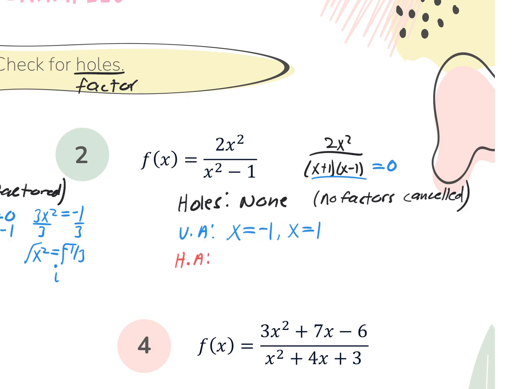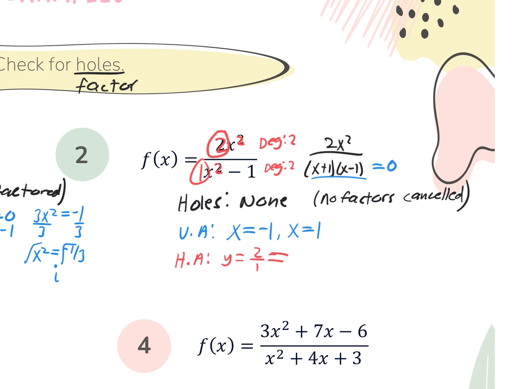And now let's do something similar for the horizontals. The horizontal asymptote, you're looking at the degree. The degree on top is 2, it's a 2x squared. The degree on the bottom is also a 2, it's an x squared. So this is the only other scenario where you're going to have to check the leading coefficients. On top, it's a 2. Over on the bottom, the leading coefficient is a 1. So 2 over 1, which is just 2.